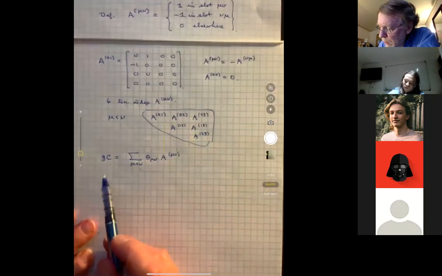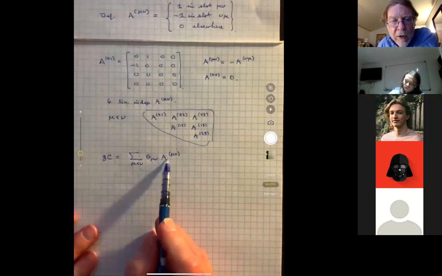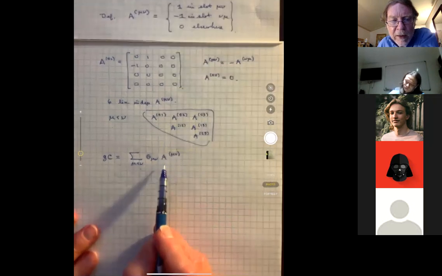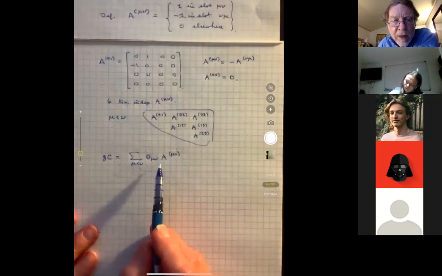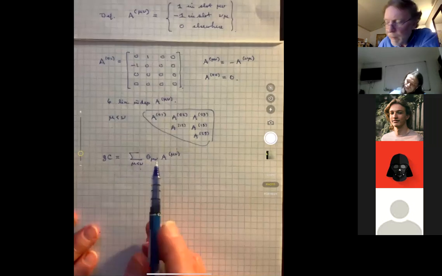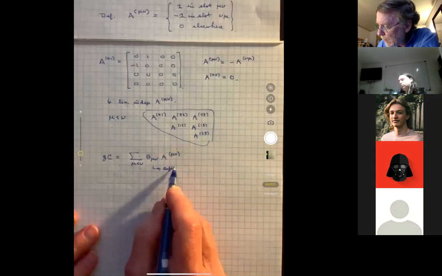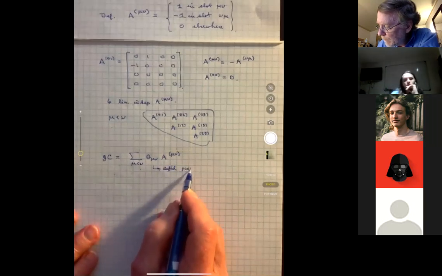Understand this equation. This is an antisymmetric 4x4 matrix. The A mu nus in ascending order in the indices form a basis of antisymmetric matrices, and the theta mu nus are a collection of numbers which are the expansion coefficients. Here they're defined for the case mu is less than nu.